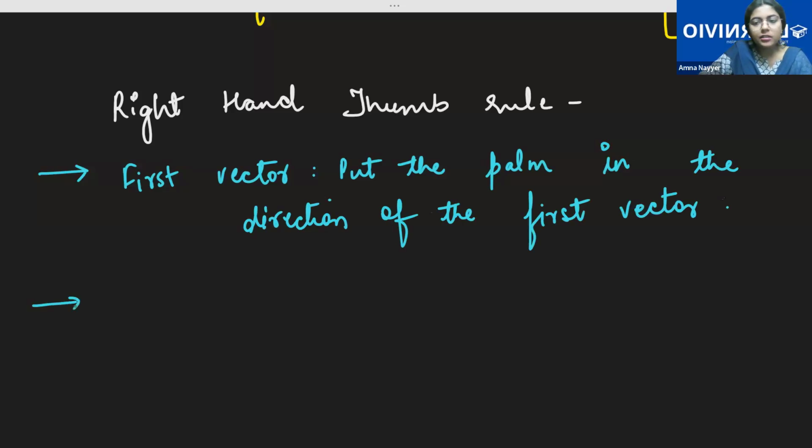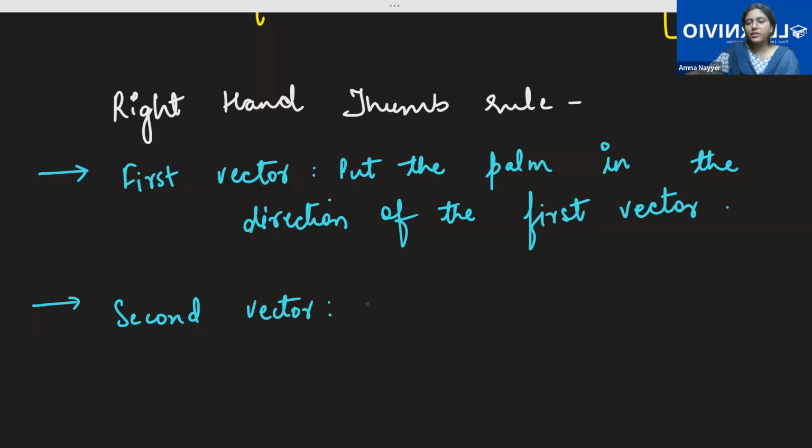How do you put the palm in the direction of the first vector? Like if the first vector is upwards, you will put your palm like this. If the first vector is downwards, like this. Okay, it means fingers pointing towards that direction. For the second vector, you will curl the fingers towards the second vector.